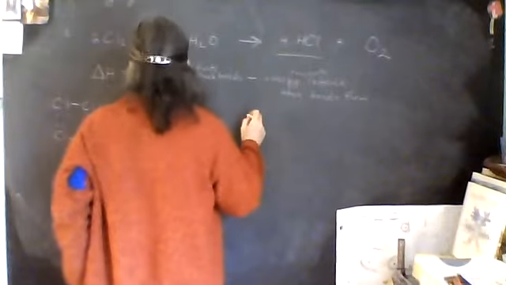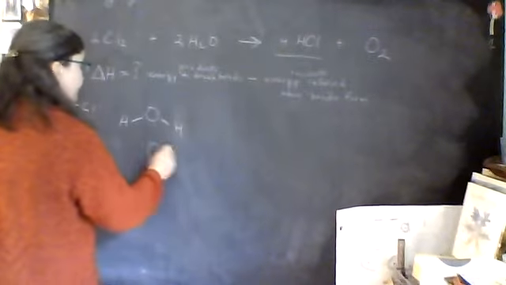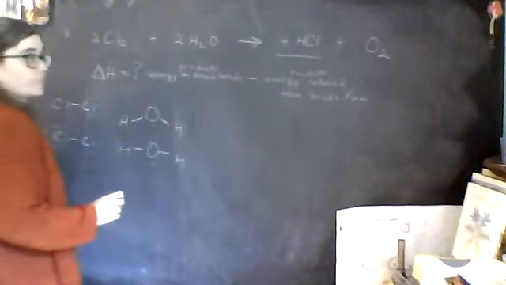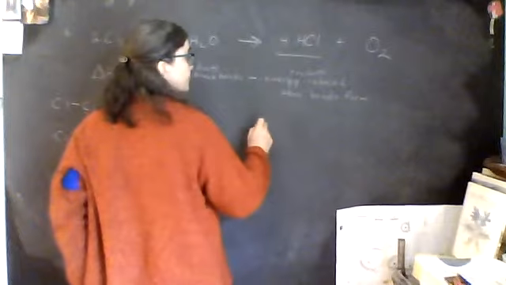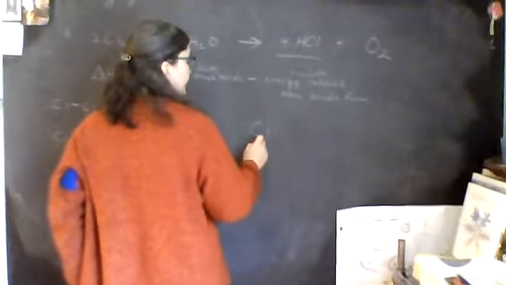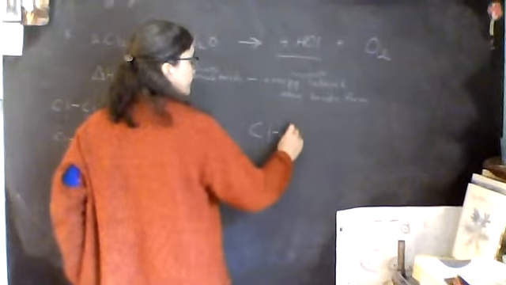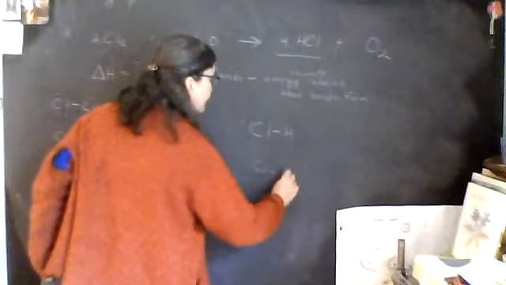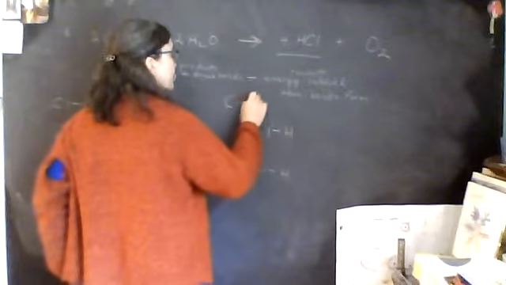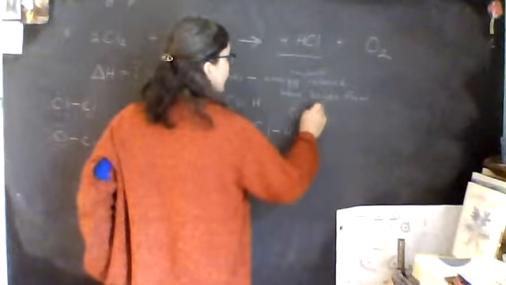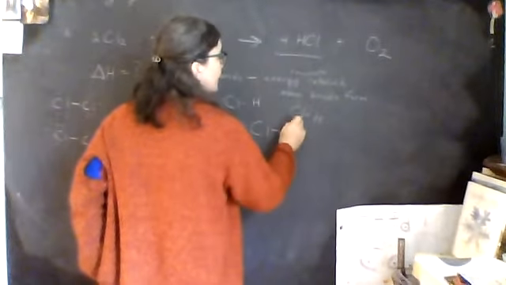There are 2 of these. Cl is 7. And there are 4 of these, right? You don't really have to draw 4 of these. I'm just saying that. And O2.